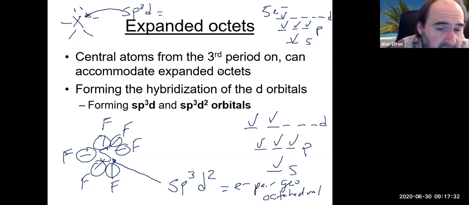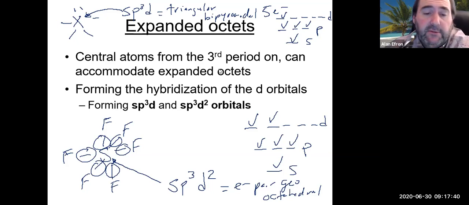And that obviously goes with our trigonal bipyramidal geometry. So hybridization really does go with the electron pair geometry that we've been talking about.